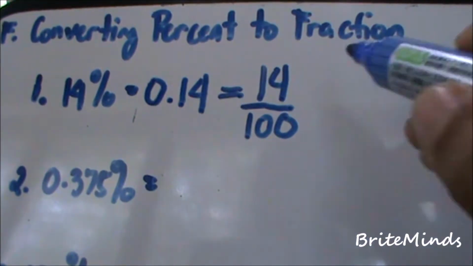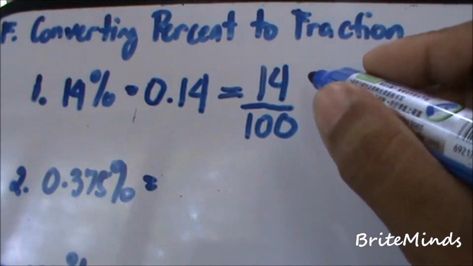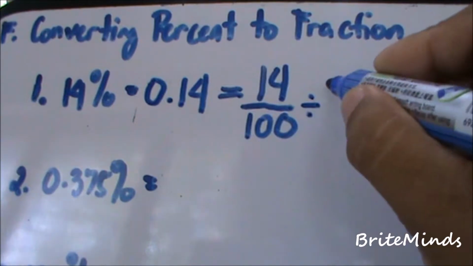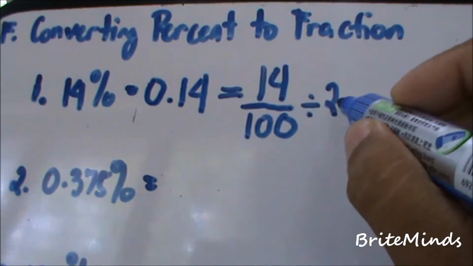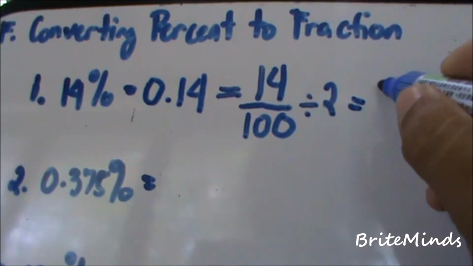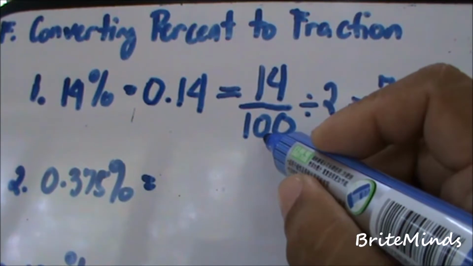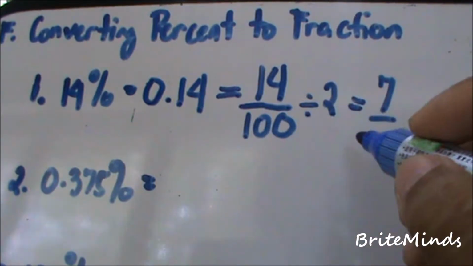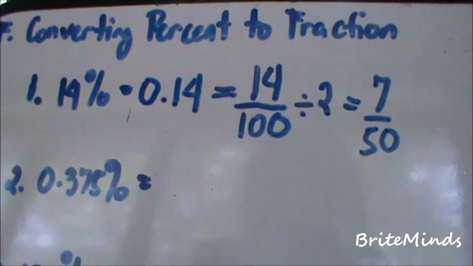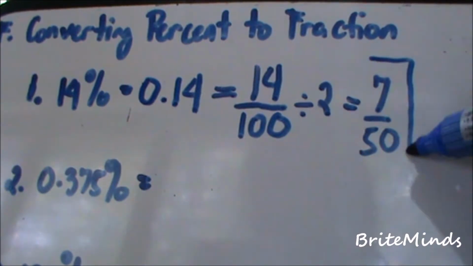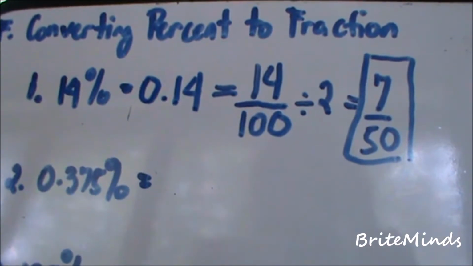Still, we need to reduce it to lowest terms, so we can divide it by 2. 14 divided by 2, the answer will be 7. And then 100 divided by 2, the answer will be 50. So this is our final answer in the lowest terms.